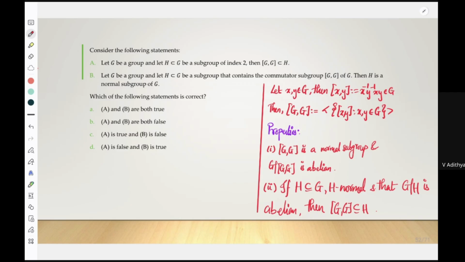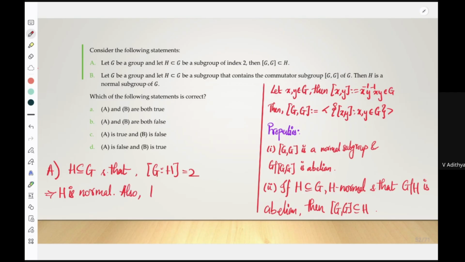So now let's start with the first part, A. H is a subgroup of G of index 2. What do we know about subgroups of index 2? They're always normal. Any subgroup of index 2 is normal. This implies H is normal.